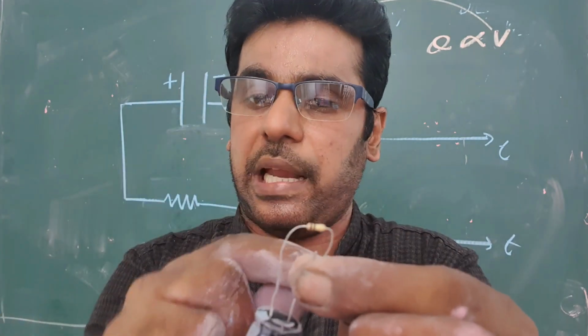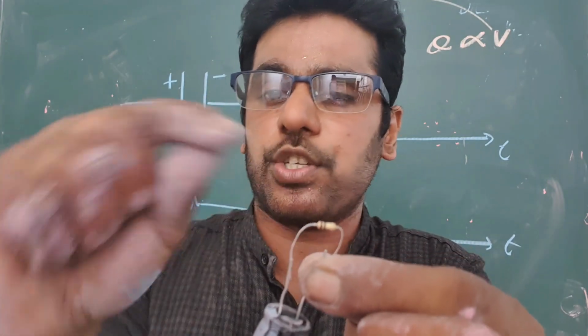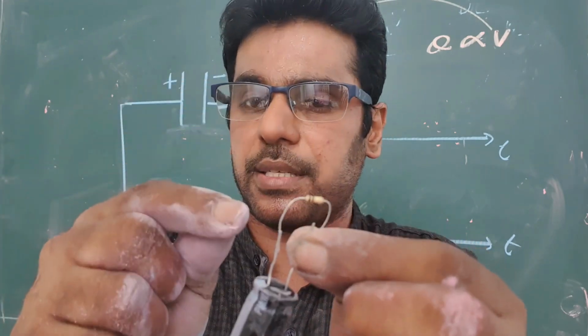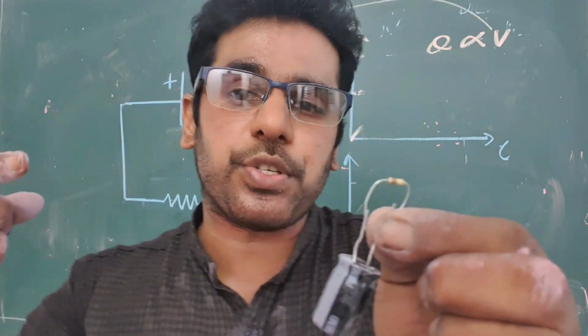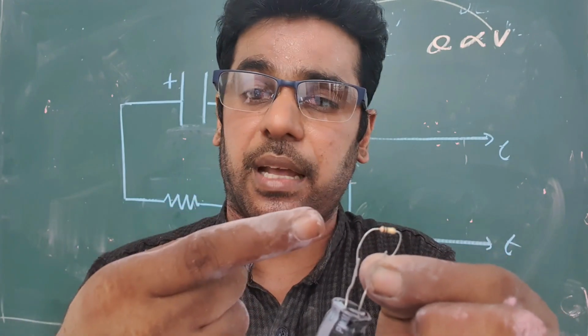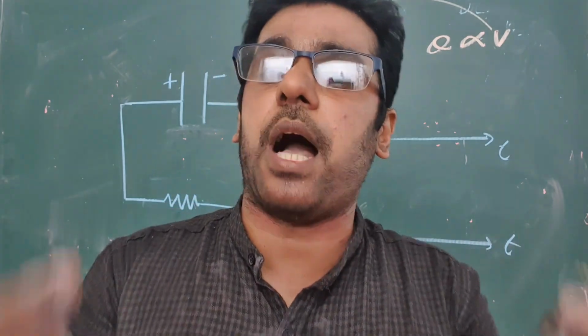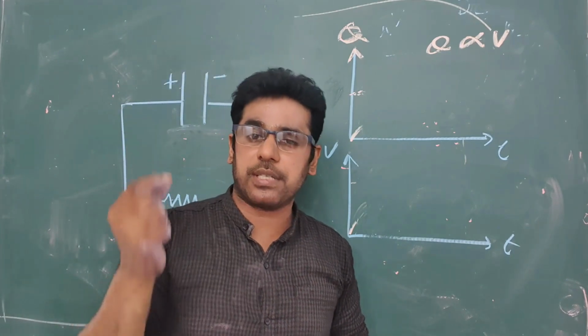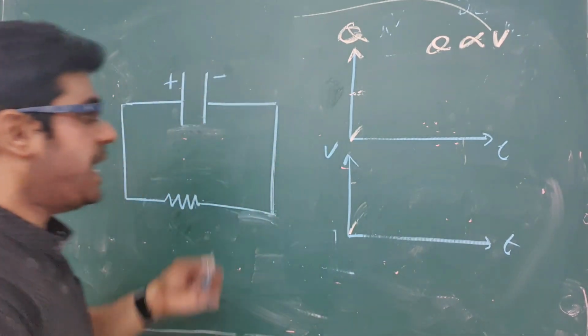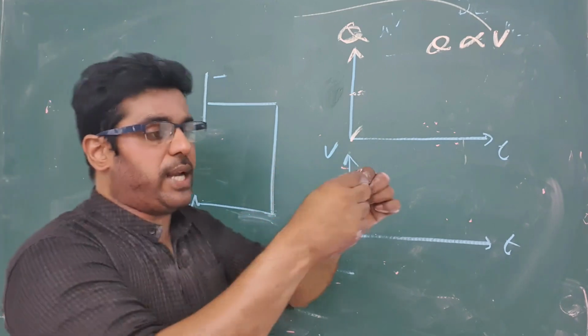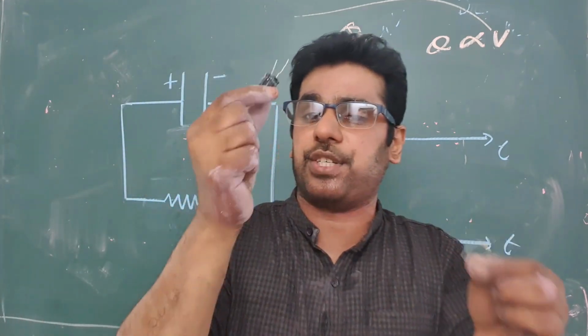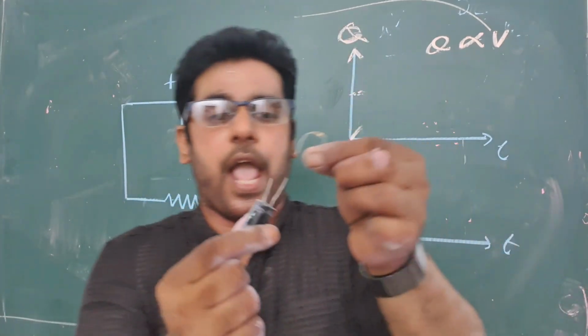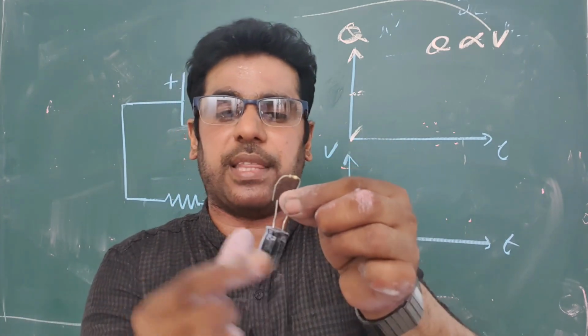Electron travels minus to plus. Current goes plus to minus. When it goes through the resistor, the resistance comes up. The value goes up because it undergoes heating.